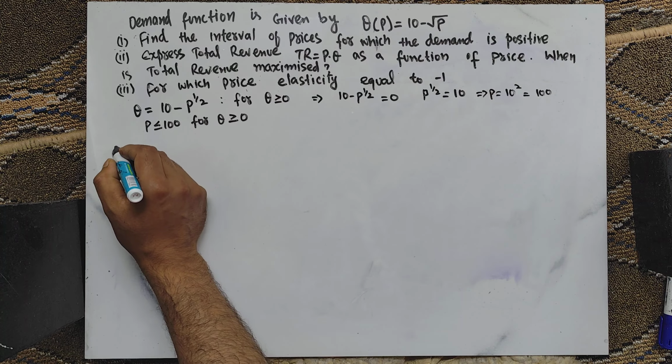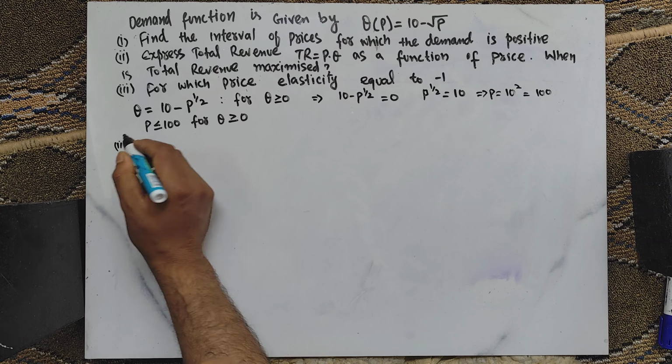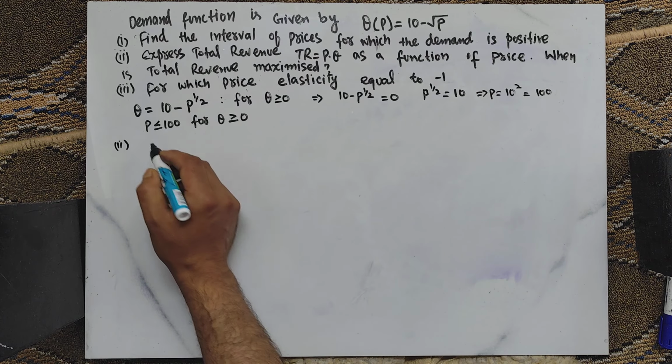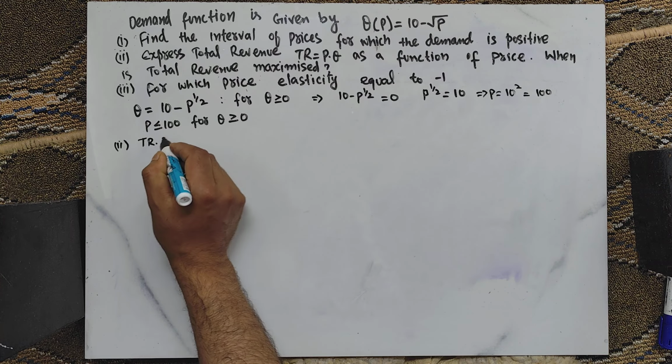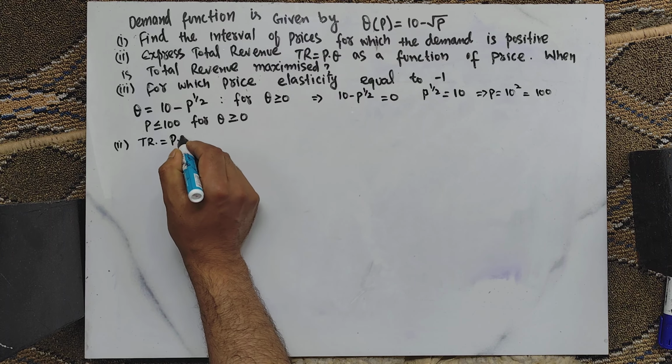Second question is we need to write the total revenue as a function of price. We know that total revenue is equal to price into output.